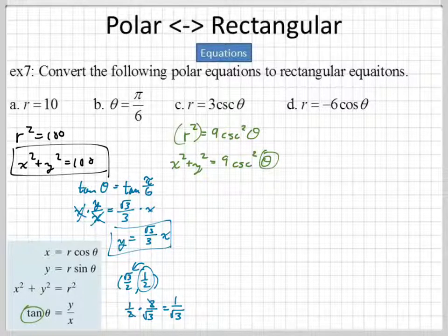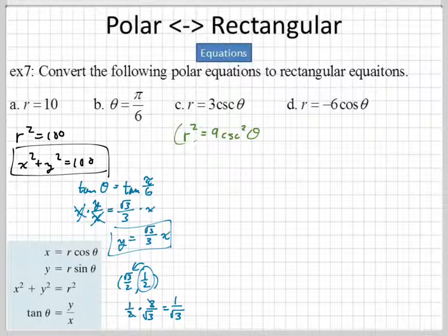There's another way to do this. Instead of squaring both sides, what's another way we can get r squared? Multiply both sides by r. And some of you guys figured that out, which is awesome. And some of you guys did it because you looked at the examples and you studied last night. Very diligent. Awesome.